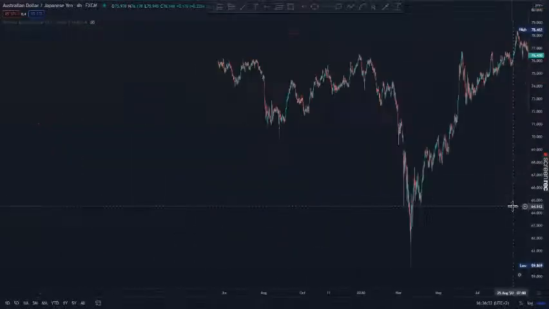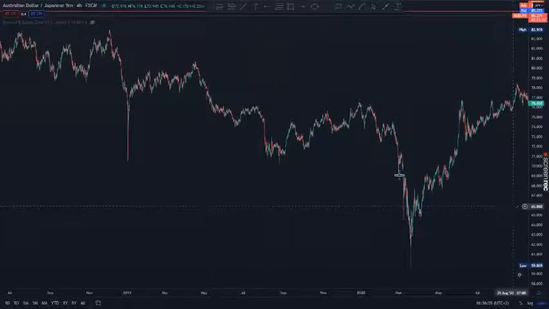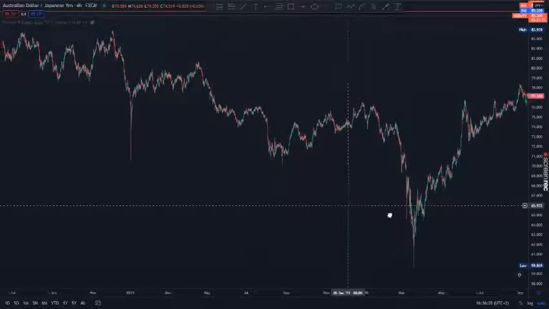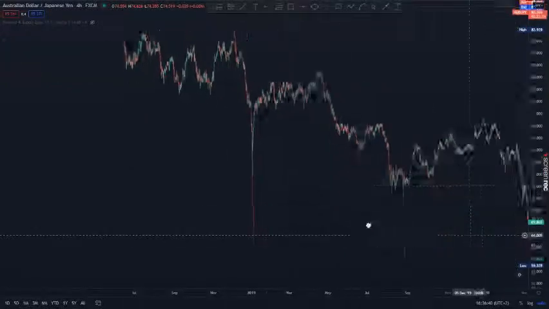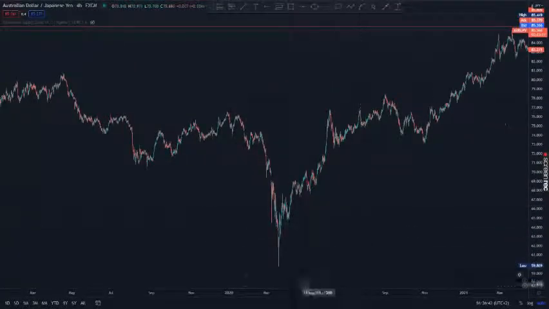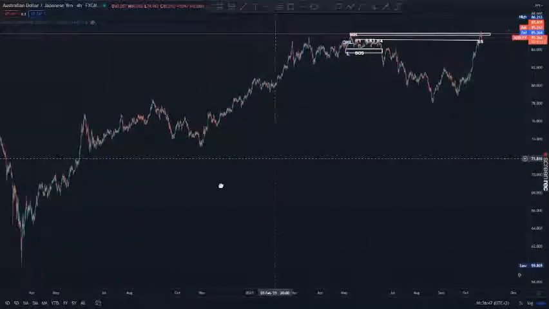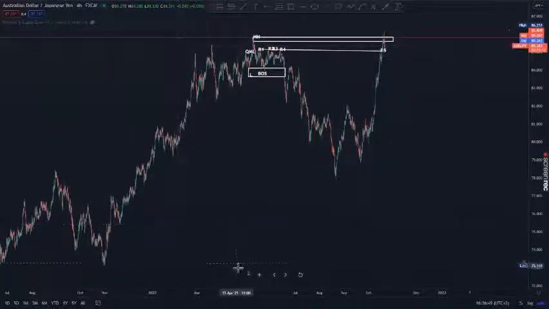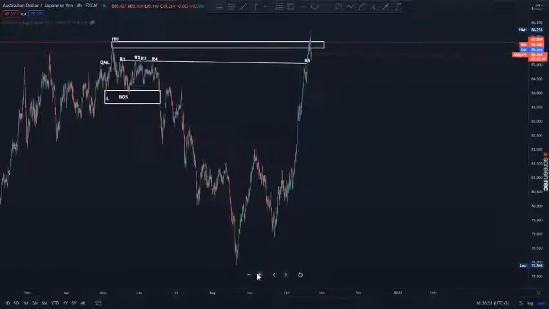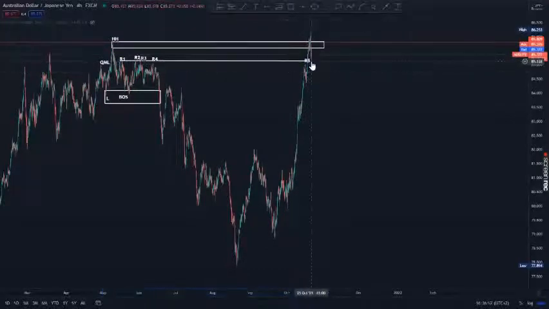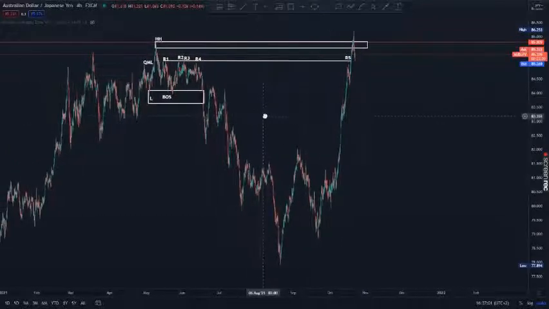If this level has been tested several times in the past, that tells me that there's a higher chance of price breaking above that level and making a diamond fake out. In this particular case, market didn't have contact with my level, so that gave me confidence that there's a higher chance of this actually working.